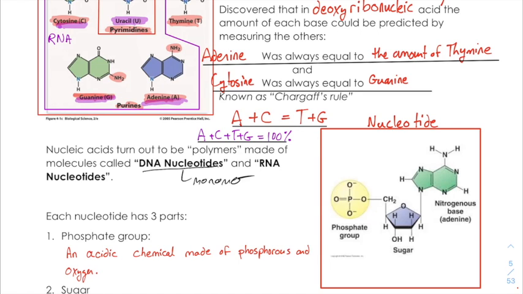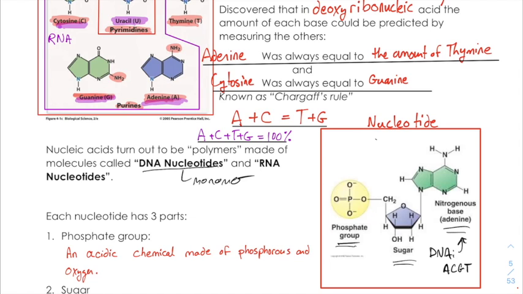So here is the nucleotide over here on the right, and the nucleotide has three parts. It has a phosphate group, a sugar, and a nitrogenous base, and these are the building blocks for a DNA molecule. If this is a DNA nucleotide, then the base up here is adenine, cytosine, guanine, or thymine.